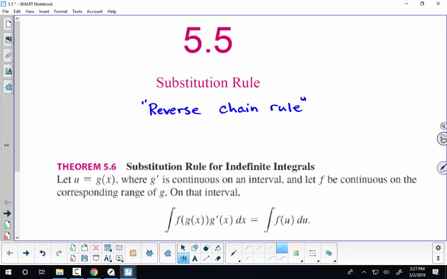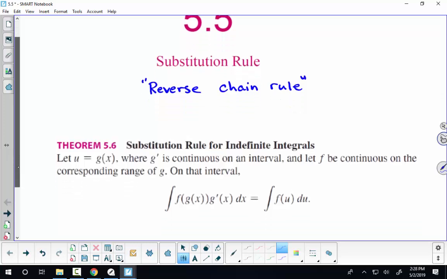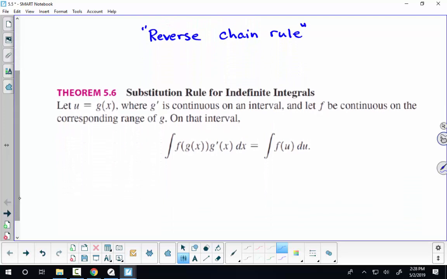Remember, the chain rule dealt with composition of two or more functions. So if I'm given a problem where I have to find the antiderivative of something that resulted from a chain rule, then the substitution rule undoes that. So this allows us to find the antiderivative of a composition.